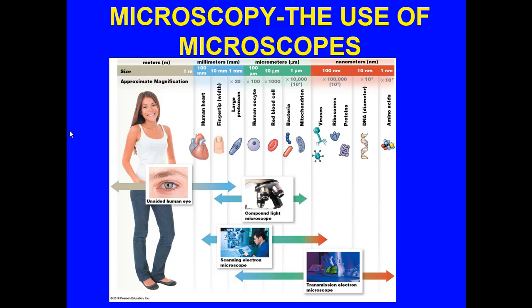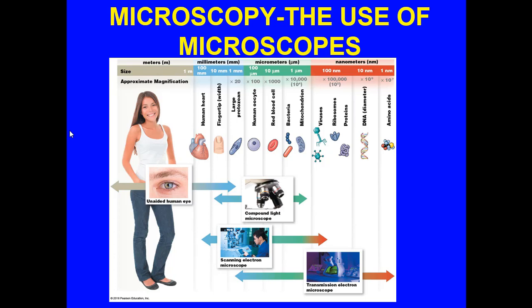Micro refers to 1/1,000,000th of a meter. A millimeter, the milli prefix, refers to 1/1000th of a meter. But there are structures that are even finer in detail, and we can't see them with a compound light microscope. That's why we use electron microscopes.